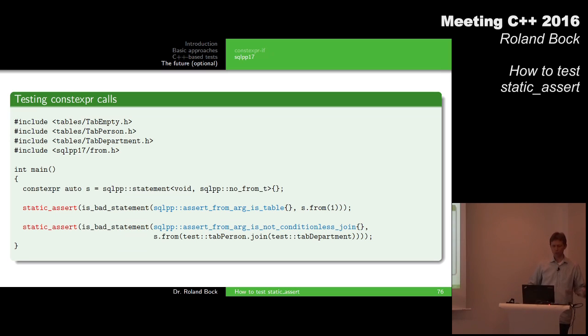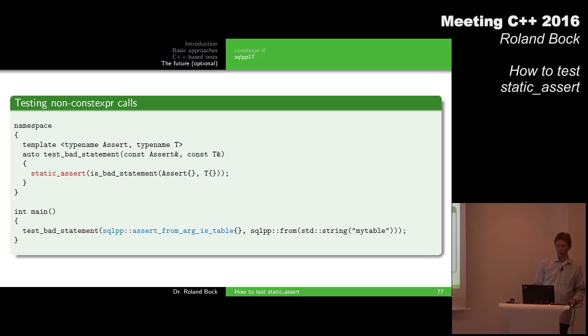This assert arg is table, for instance, or assert from arg is not conditionless join. If that is the specialization of bad statement that is returned, then this static assert will be happy. If you have non-constexpr calls, you can do something that's very similar. You could just have a helper function that acts on the types and basically does the same.